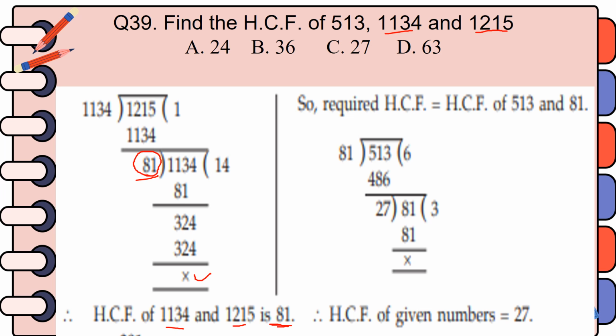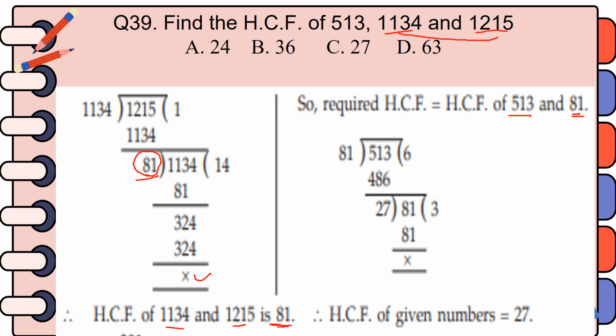Then you have another number, 513. Then to get the HCF of the three numbers, what you have to do is find the HCF of the third number and the HCF of the two numbers, the one that we have just done here.